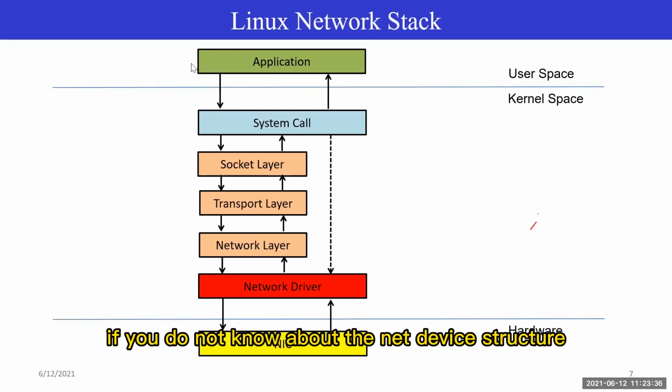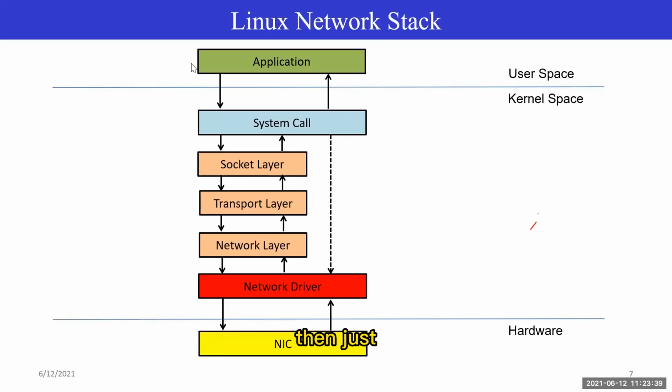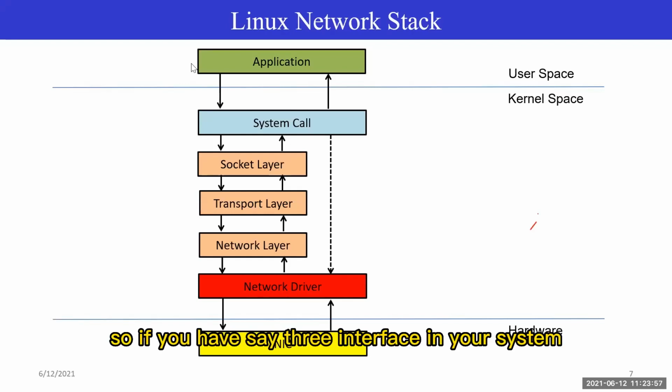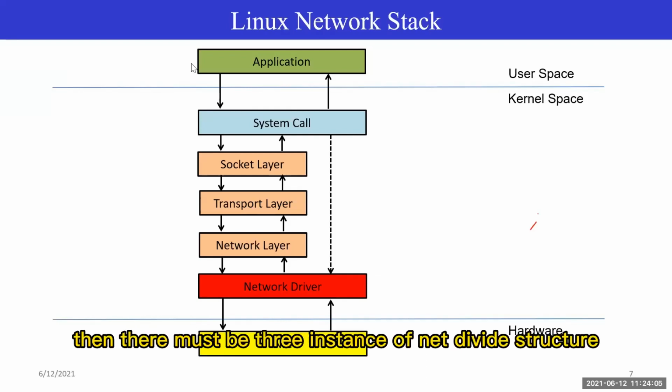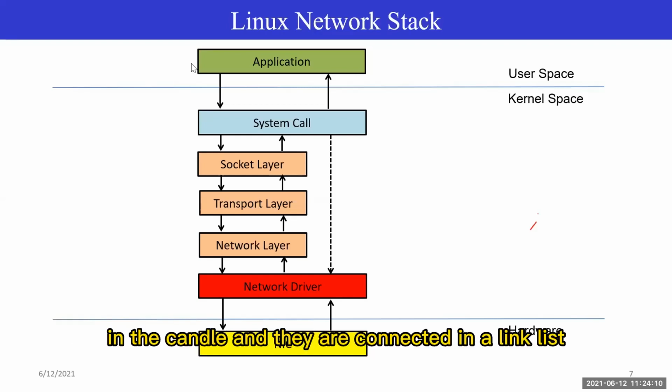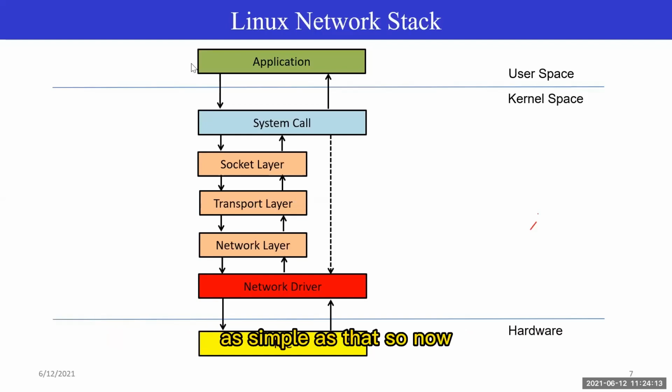If you do not know about the net device structure, then just assume that this is a data structure used by the kernel networking module to maintain network specific information for each of the interfaces. So if you have, say, 3 interfaces in your system, say eth0, eth1, and eth2, then there must be 3 instances of the net device structure in the kernel, and they are connected in a linked list. As simple as that.